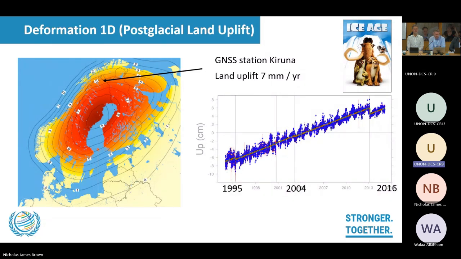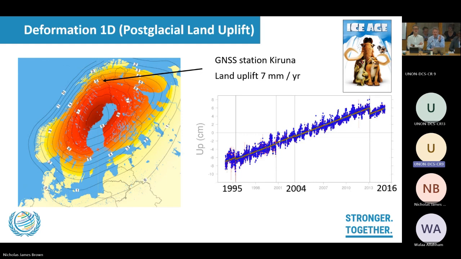So here's an example of what deformation or distortion looks like on a one-dimensional level, and this is with respect to height. You can see here throughout, this is the Fennoscandia region, they call it, through Finland, Norway, and Sweden. You can see that the red part in the middle is showing you where the land is lifting up.